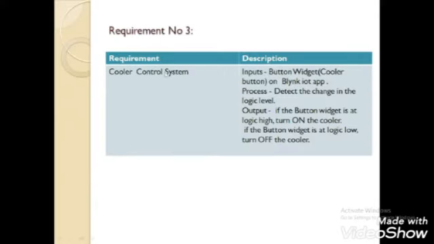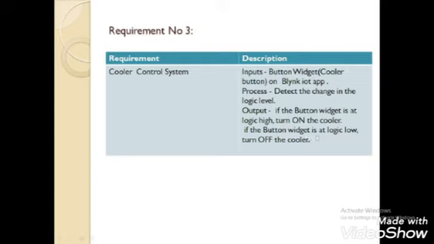Requirement number 3, cooler control system. Description of the requirement: inputs, button widget, that is cooler button on Blink IoT app. Process: detect the change in logic level. Output: if the button widget is at its logic high, turn on the cooler.